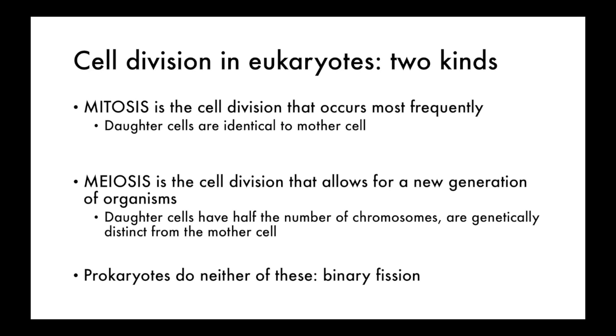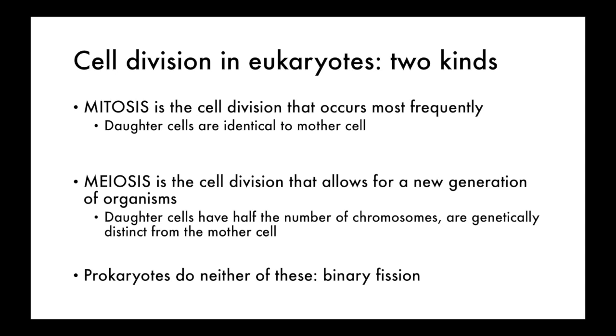Prokaryotes, bacteria and archaea, don't do either of these types of cell division. I'm not really going to talk about binary fission, but just so you know, it probably will be clear to you when I describe how these processes occur that it's not a thing for prokaryotes. What they do is basically just split in 2.